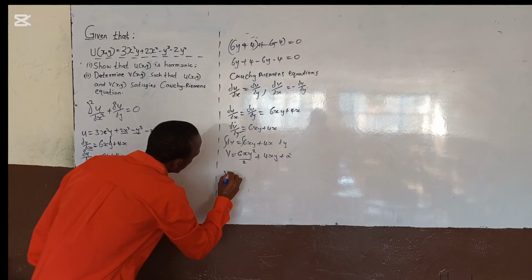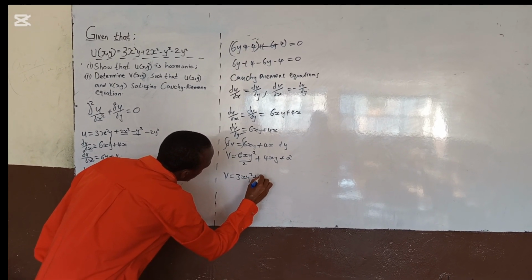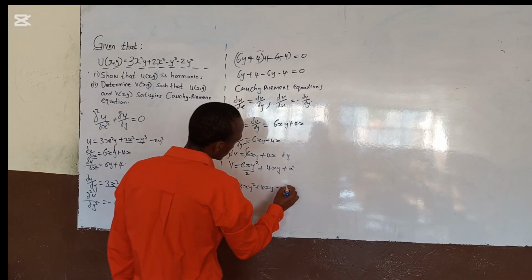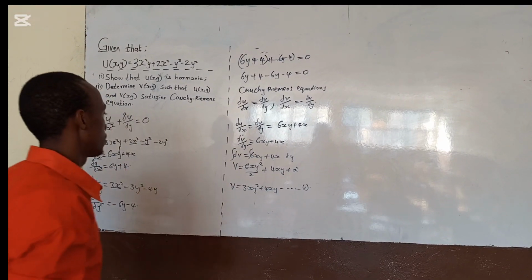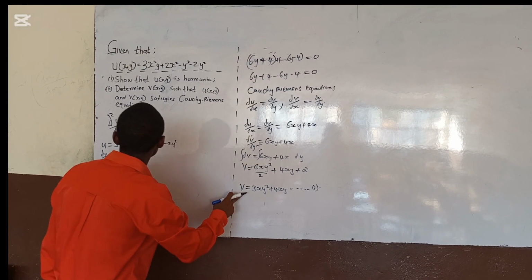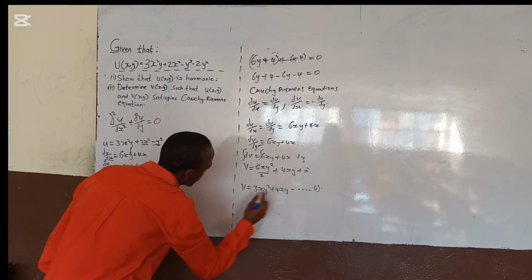Now our v is equal to 3xy squared plus 4xy plus the function. Let us call this equation 1. Let's differentiate our equation 1 with respect to x.